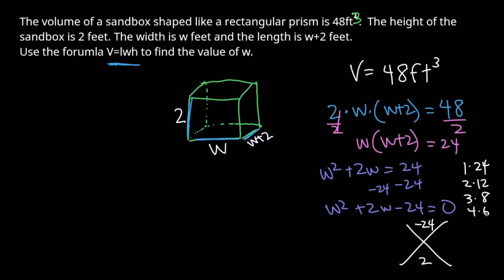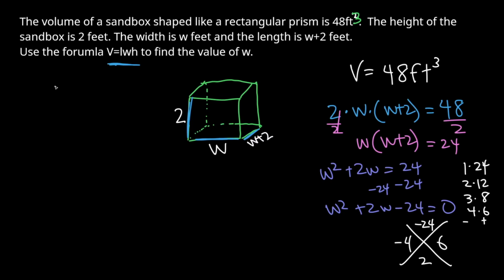This is 2 or negative 2. We make this one positive and this one negative, that will switch the sides. If we make this one positive, that one negative, that adds up to a positive 2. So we have negative 4 and a positive 6 as our factors.